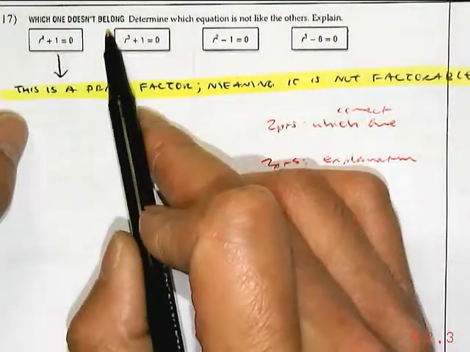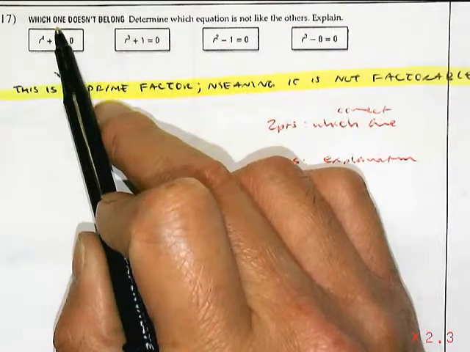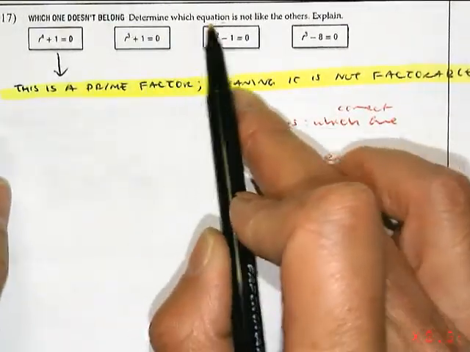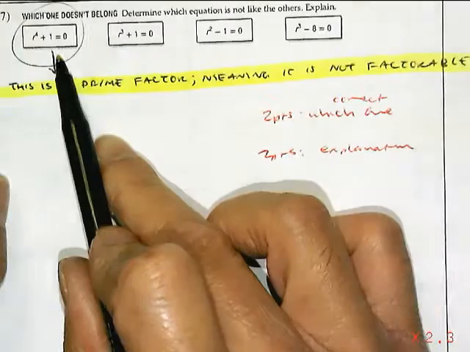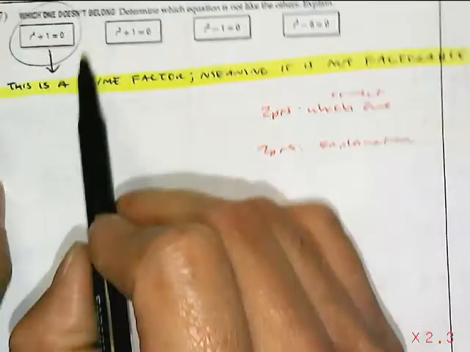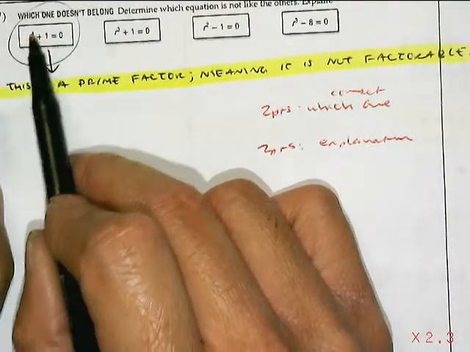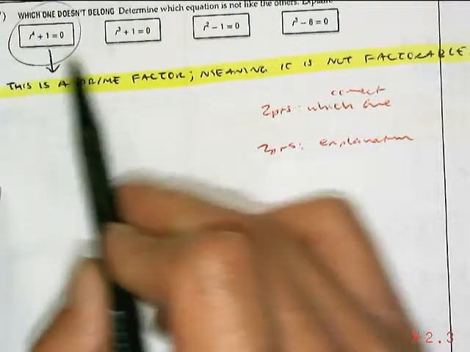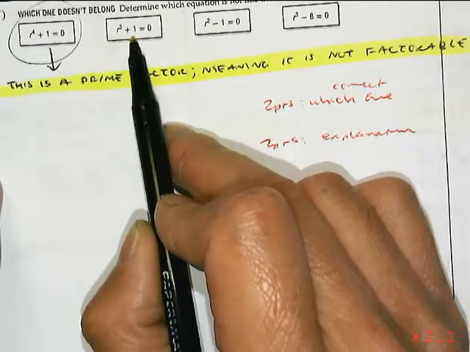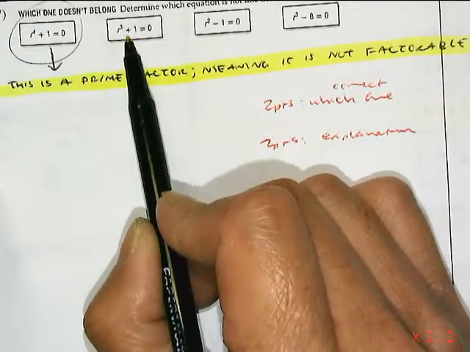Which one doesn't belong? Which one means there's only one of these that doesn't belong. Determine which equation is not like the others. I gave you 2 points if you got this one right here, and then 2 points for a correct explanation. X to the 4th plus 1 is not factorable. X to the 3rd plus 1 is. This is called a sum of cubes.